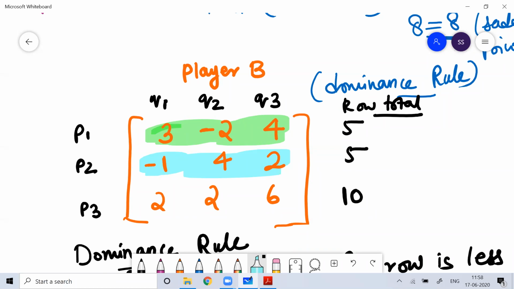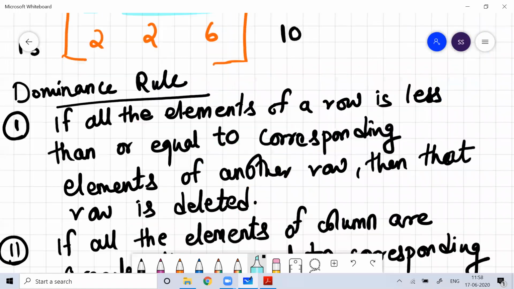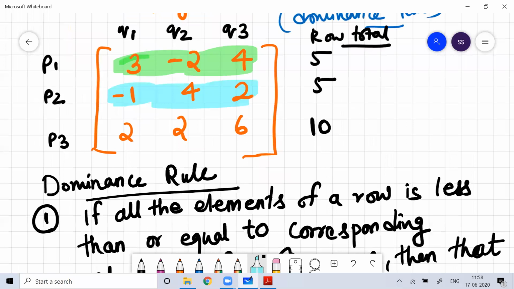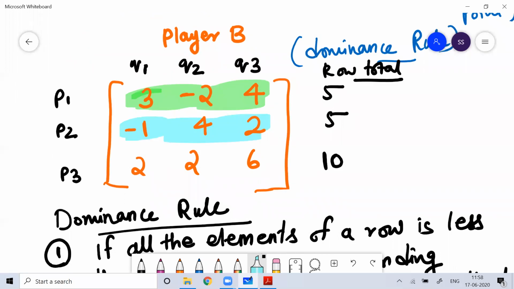You have to find the rows or columns where all the elements are either more than or equal. Read this: if all the elements of a row are less than or equal to the corresponding elements of another row, then that row is deleted, the one which is less.